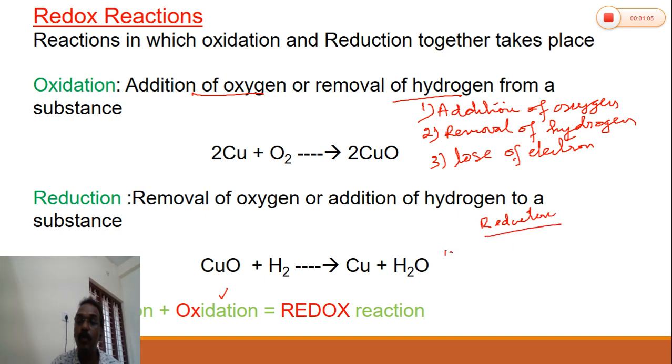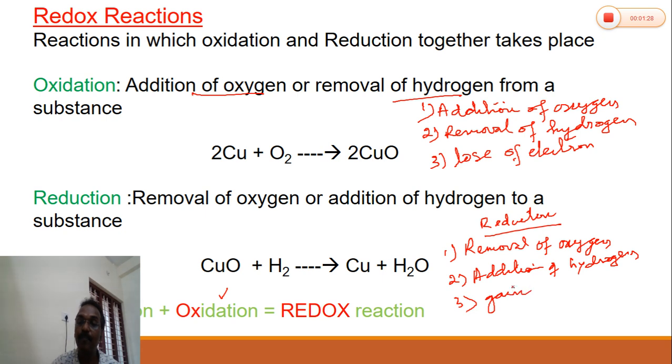Similarly, reduction is the removal of oxygen or addition of hydrogen or gain of electrons.